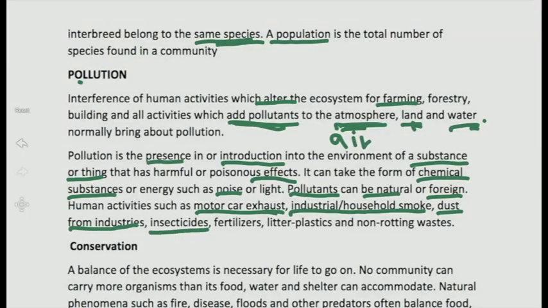And then we have insecticides, which may affect the air and also the other animals. That is because when we talk of insecticides, we normally take chemicals to destroy insects that feed on our crops or vegetables.